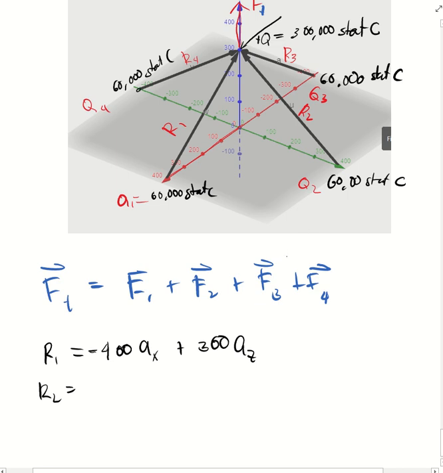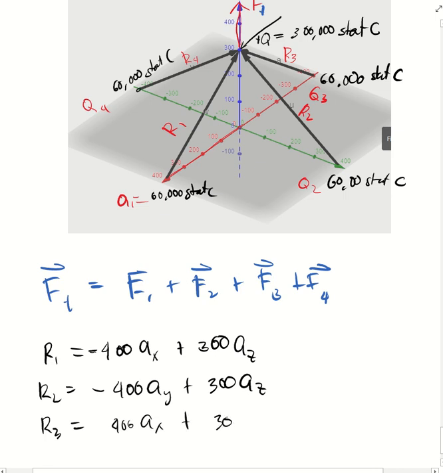Here in R2, it should be again 0 minus 0, there's no x component. Then 0 minus the y component is negative 400 AY, then still positive 300 AZ. Then for R3, this should be in that direction, so it's 0 minus negative 400, so it should be positive 400 AX.